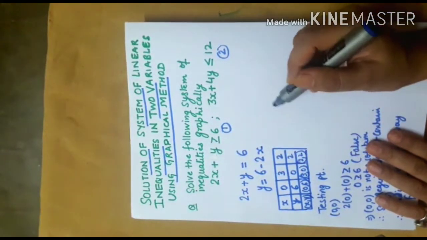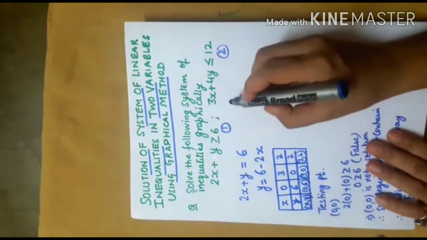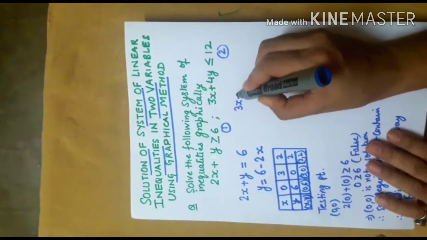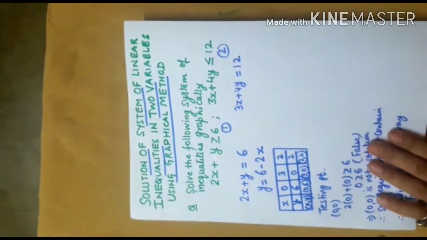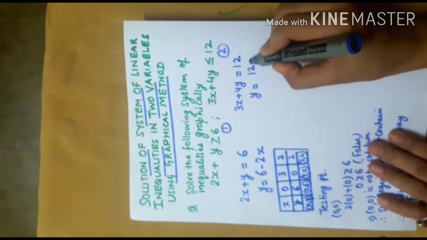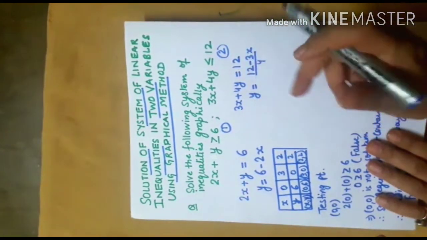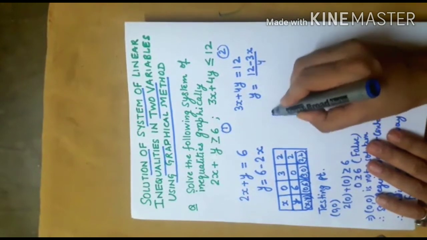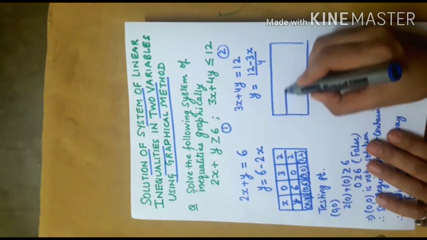Now in a similar manner, I'll obtain the solution region of this inequality. So convert this inequality into the statement of equality. From here, y will be 12 minus 3x over 4. I'll plot the graph of this equation, so I'll find out three solutions.